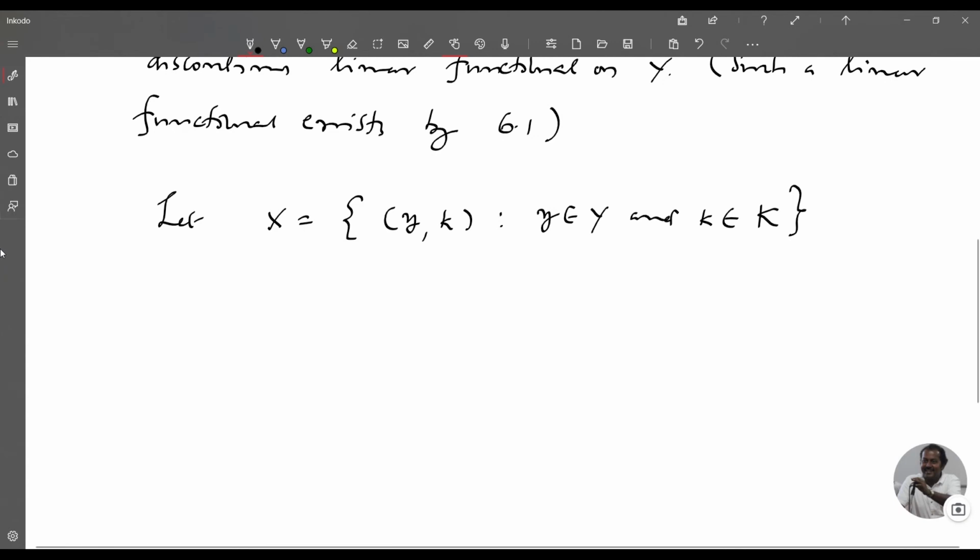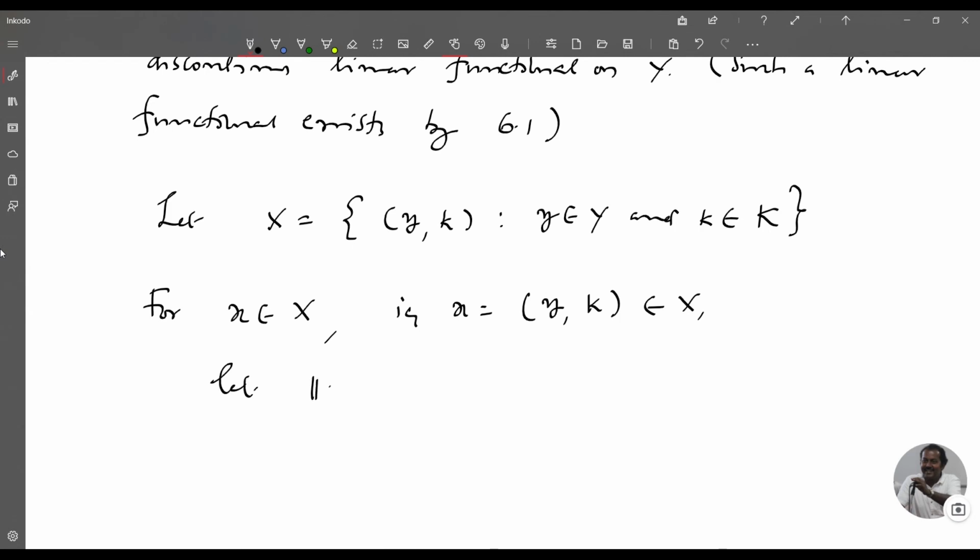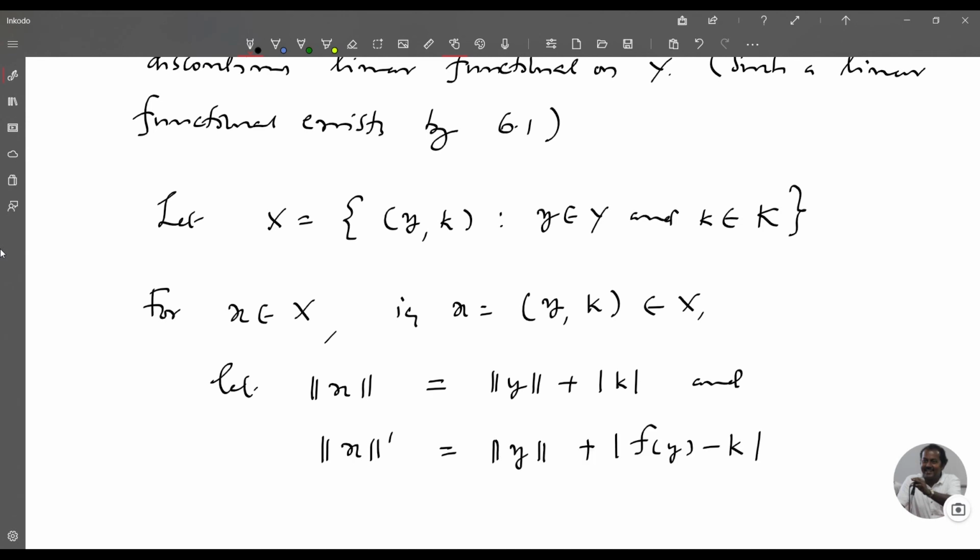So let X equal the set of all ordered pairs (y, k) such that y belongs to Y and k belongs to K. For x in X, you define two norms. That is, x is equal to the ordered pair (y, k) in X. Let norm of x be norm y plus modulus of k, and norm dash of x be norm y plus modulus of f(y) minus k.